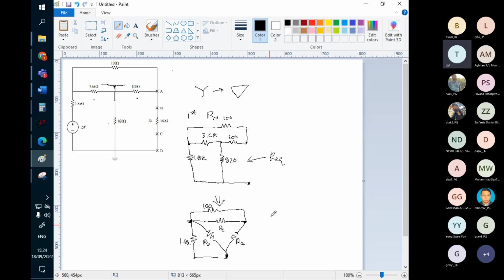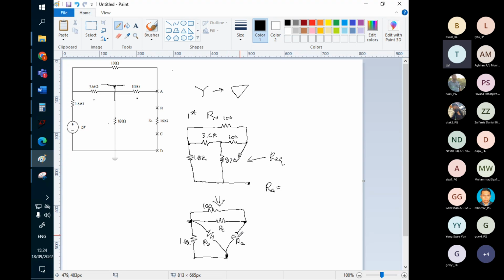Okay, let's start with RA. RA is given as, you just need to take RA. How do you look at RA? RA is here. So RA is between what?